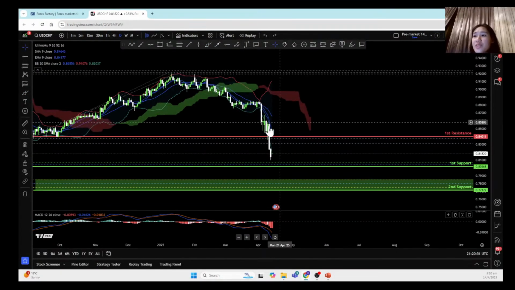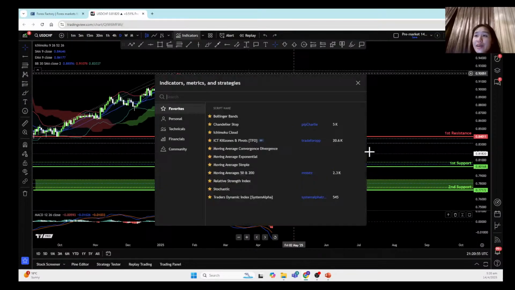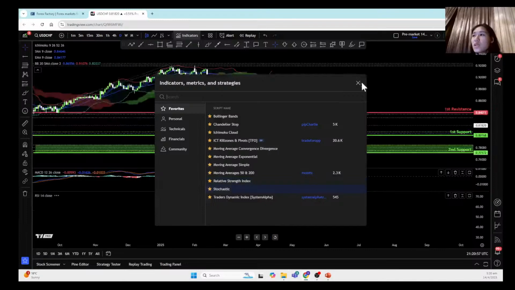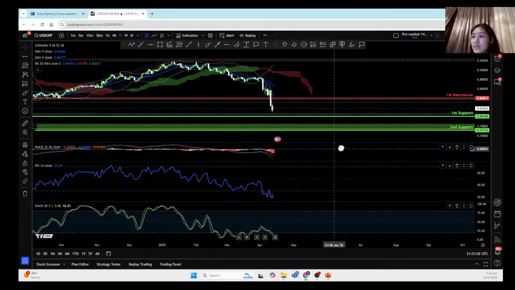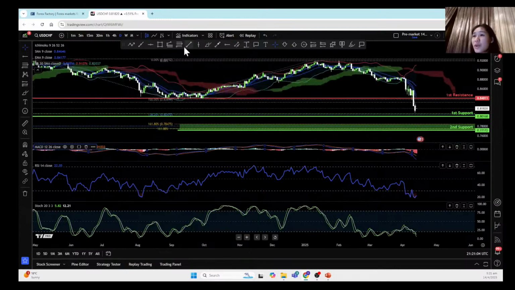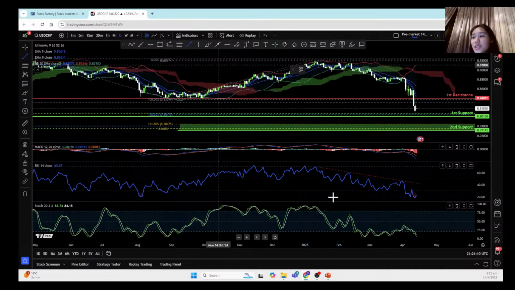EMA and SMA, you can see prices are also moving below both of these indicators, so that is fine as well. Now let's look at our RSI and our stochastic. On our RSI, you can see prices quite obviously moving in this descending trend line.